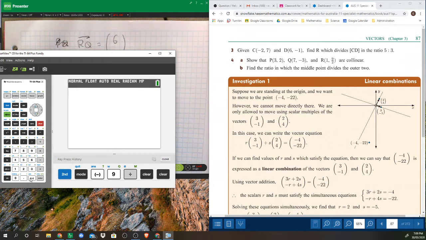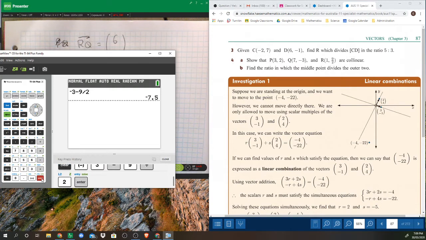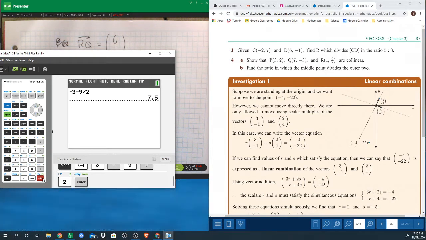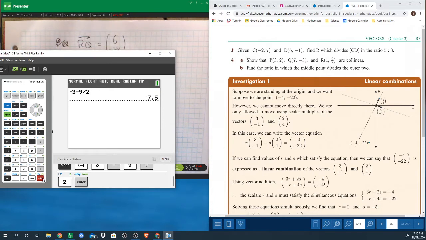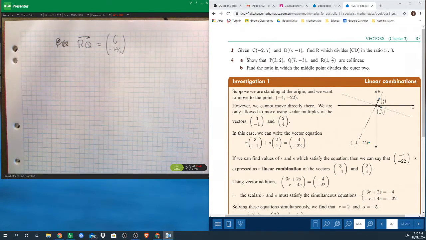All right, -3 minus 9 on 2 is -7 on 5 is how far you move across. That doesn't seem right. 7.5 would be, or that, yeah, that's 15 on 2, minus 15 on 2, if you prefer. Yep, so that's how far you've moved R and Q.